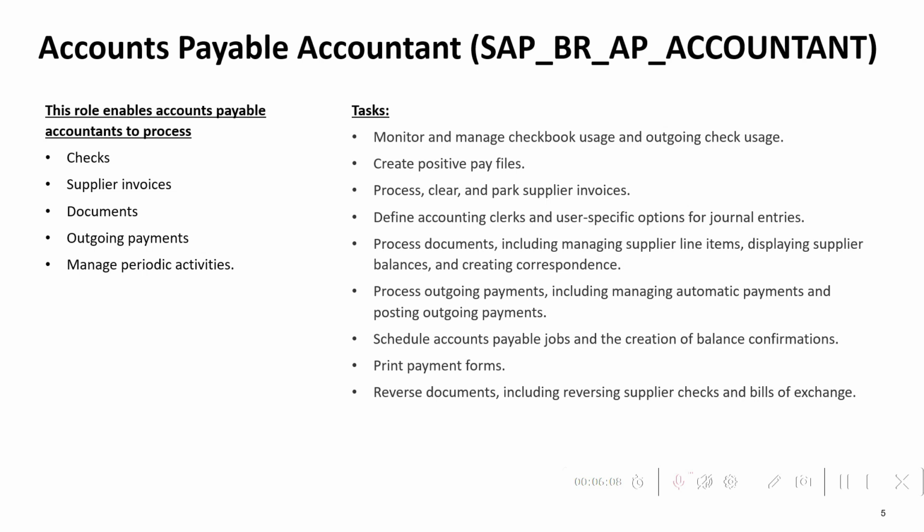Process documents, including managing supplier line items, displaying supplier balances, creating correspondence. Process outgoing payments, including managing automatic payments and posting outgoing payments. Schedule accounts payable jobs and create balance confirmations. Print payment forms. Reverse documents, including reversing supplier checks and bills of exchange. These are all the tasks the accounts payable accountant will manage.